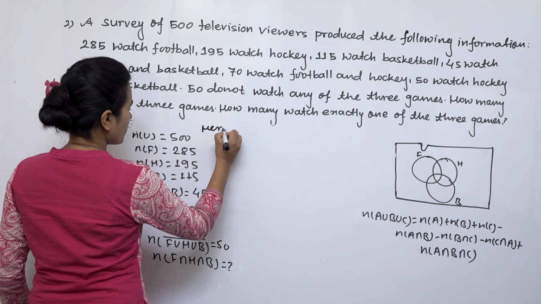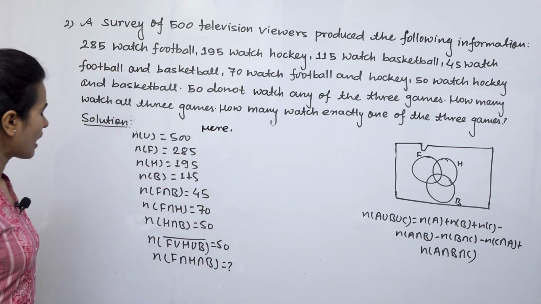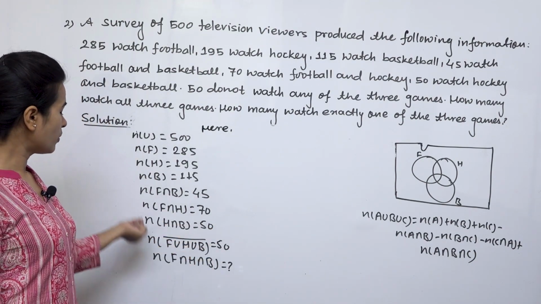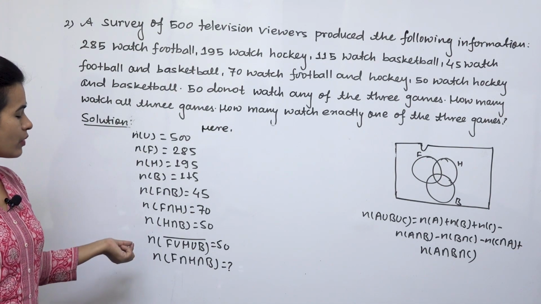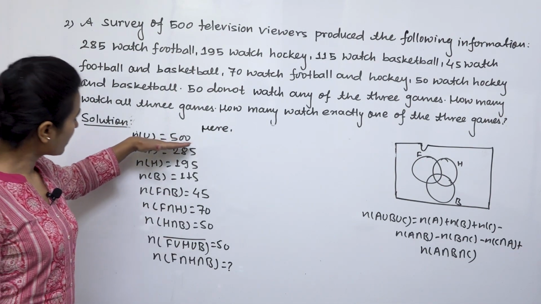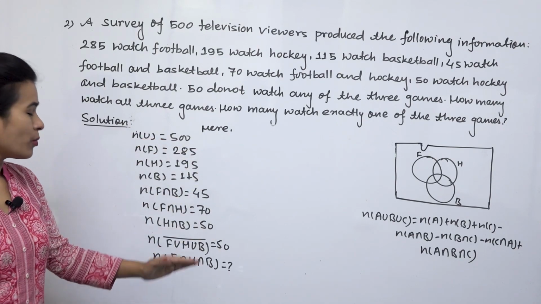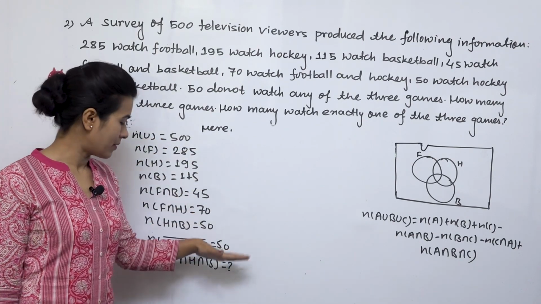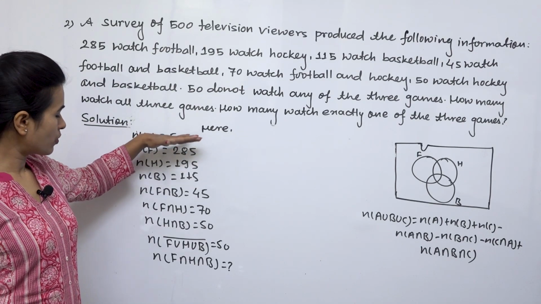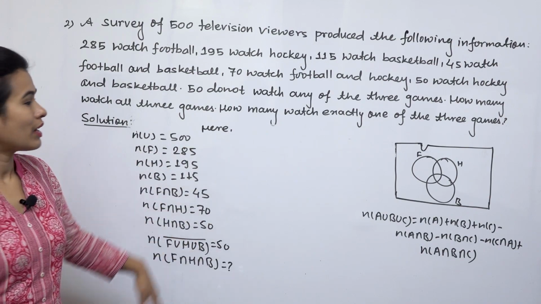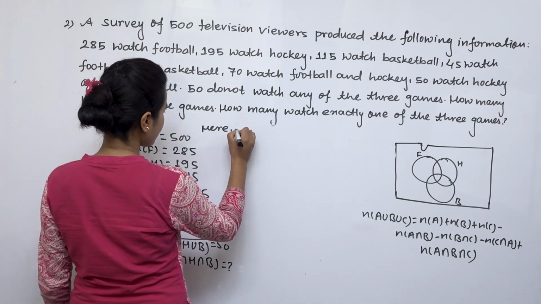Before we find n(F intersection H intersection B), first of all we should find out n(F union H union B). Here we have the total number of people and how many do not like any of the games. So if we subtract those who do not like any game from the total, we can find out how many like at least one.